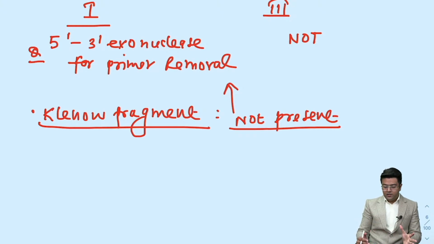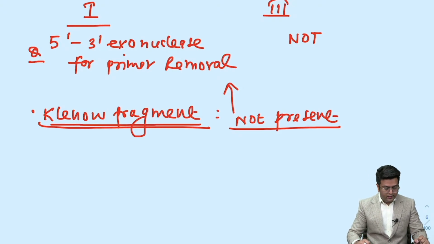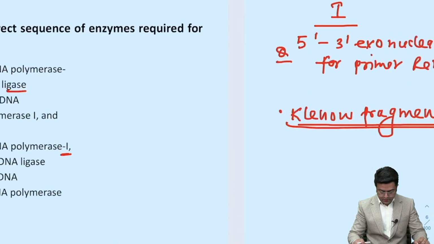And there is one more term called exo-Klenow. Klenow fragment was initially used in PCR because it is not removing the primer. In the early phases of PCR, we wanted an enzyme which doesn't remove the primers, because in PCR we don't do that. But in the cell we have to do that. So that is the term Klenow fragment. Fine, guys. Let's move to our next point.